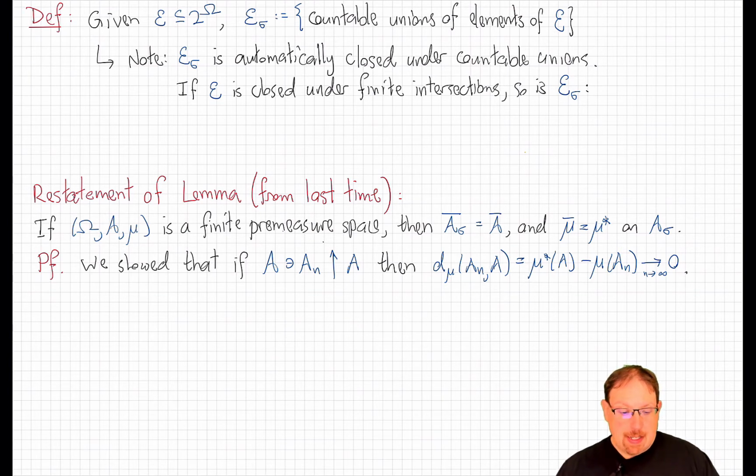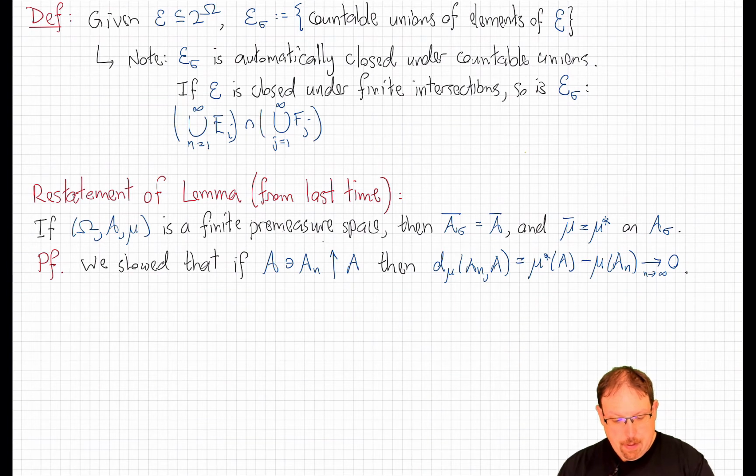What's more, E sigma is closed under finite intersection, provided that the set E is closed under finite intersection. And that just follows from De Morgan's laws again. If I take the countable union of some sets E_i from E, and another countable union of some sets F_j from E, and I take the intersection of those, that can be written instead as the union over i and j ranging from 1 up to infinity of E_i intersect F_j.